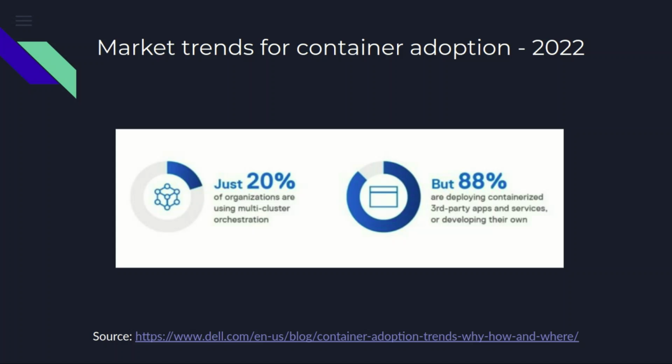But 88% of the enterprises have deployed containerized applications, their own or third-party services, in one way or another. So this basically suggests that the market trend is upwards for container adoption.